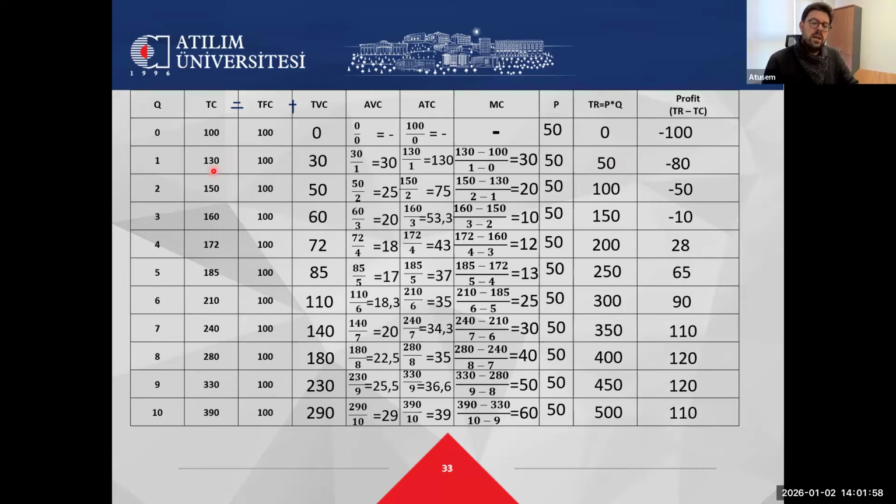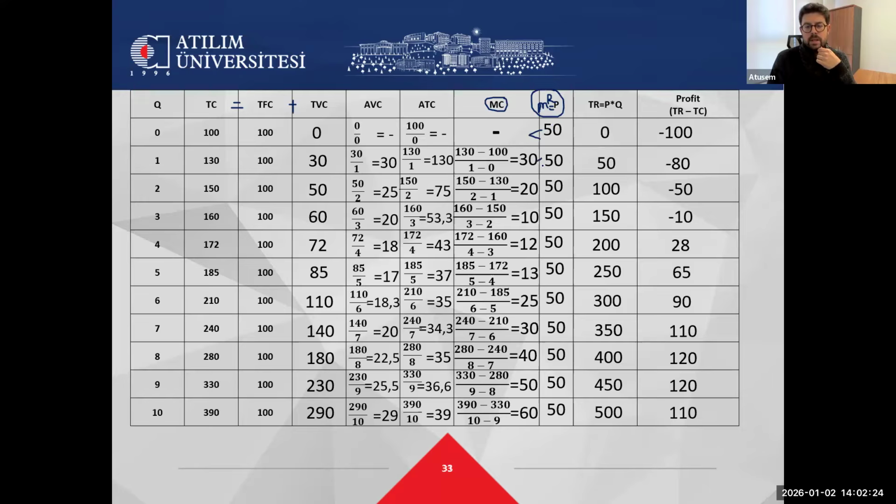So at which point can we produce? I said as long as marginal revenue is greater than marginal cost, we keep going. And one more thing, at perfect competition, marginal revenue equals price. So we can look at these two.